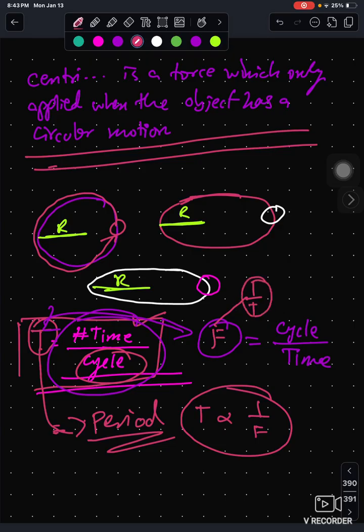Now, what we want to talk about is circular motion.